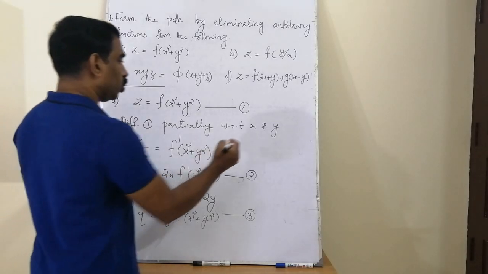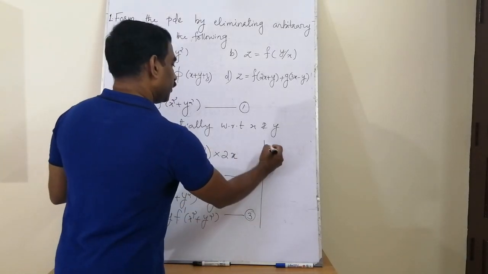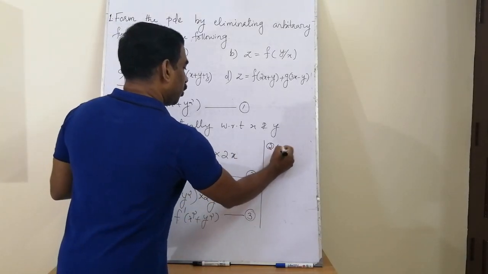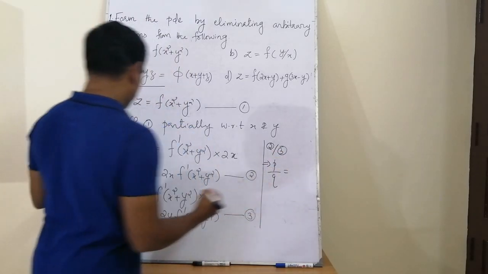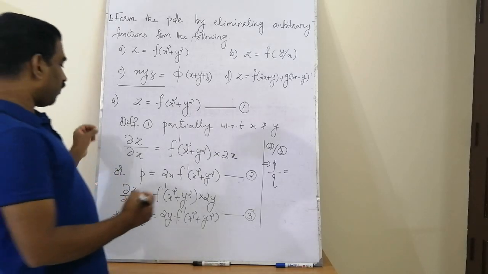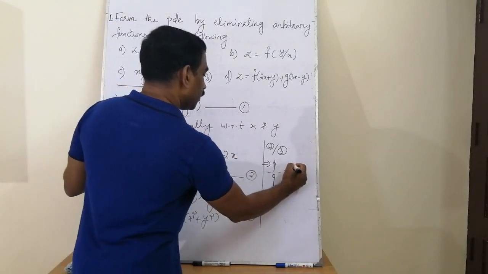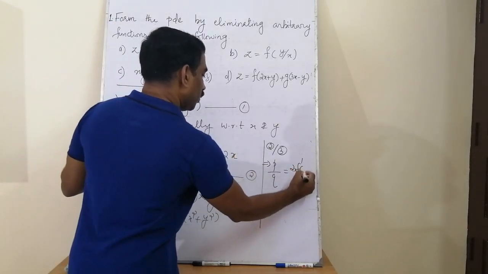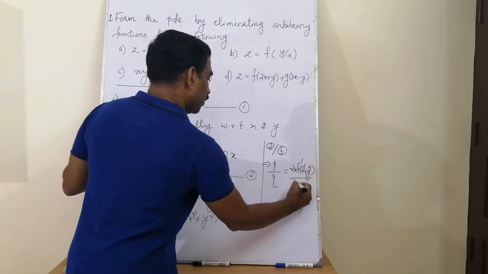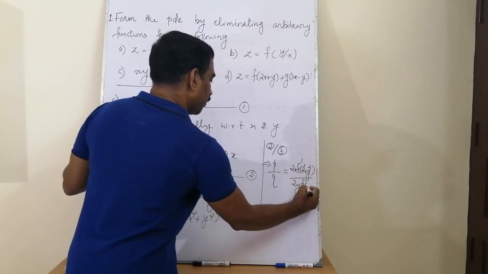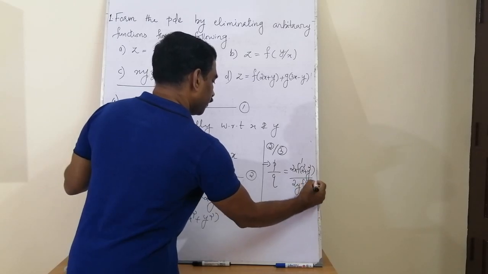So dividing equation 2 by equation 3, we get p/q equal to 2x f'(x² + y²) divided by 2y f'(x² + y²).